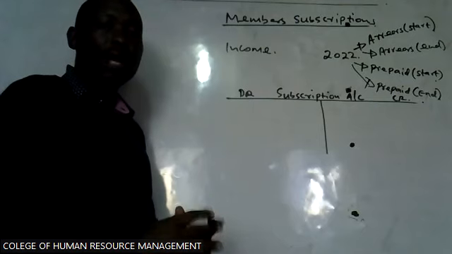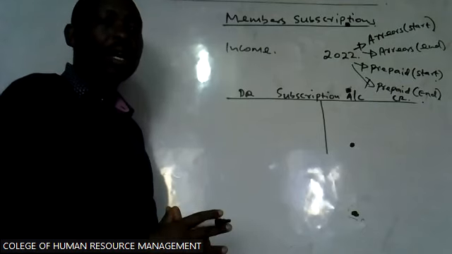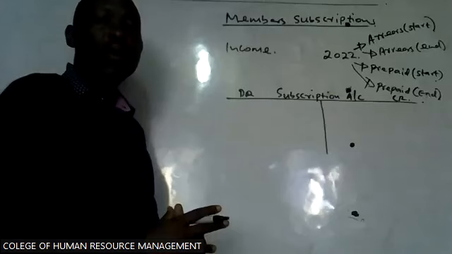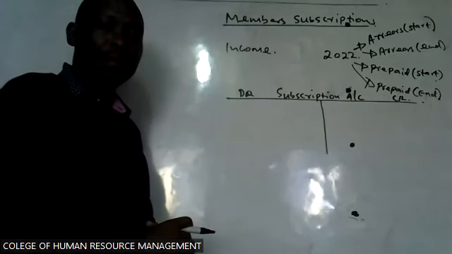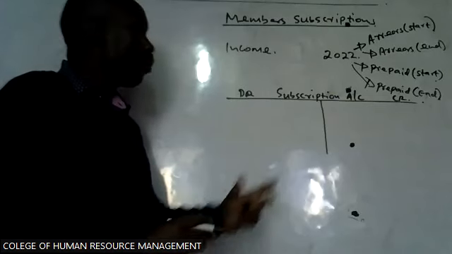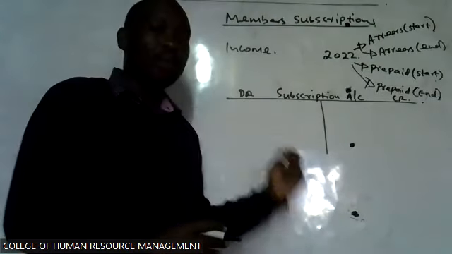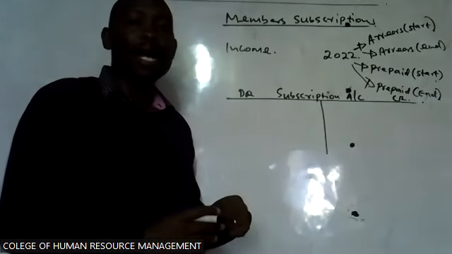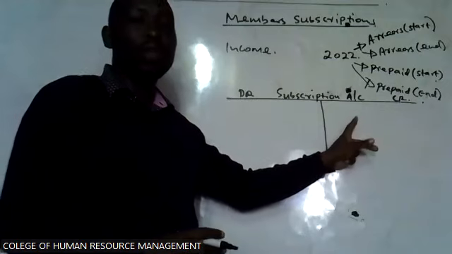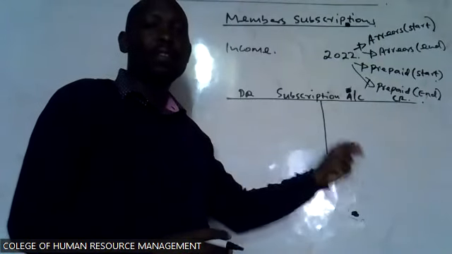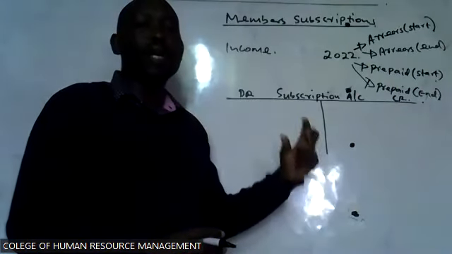When you receive any money in the business, you debit cash or bank, and then you credit the source of that money. So in simple terms, when we receive subscription from members, we shall debit bank and then credit the subscription account. Subscription account is an income account, so it is going to be credited.